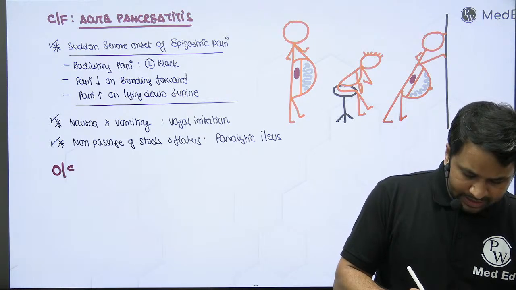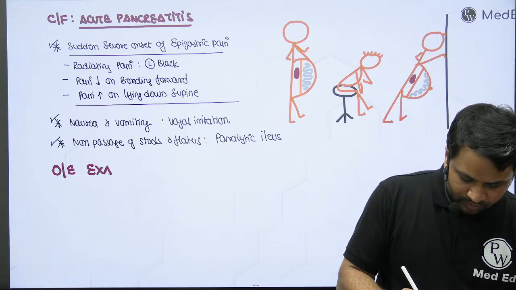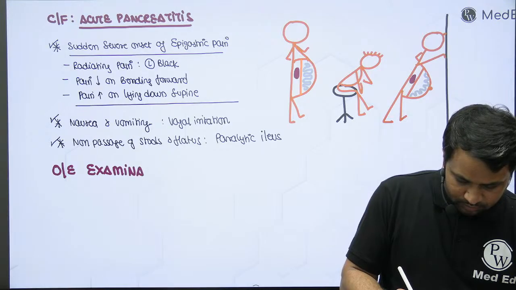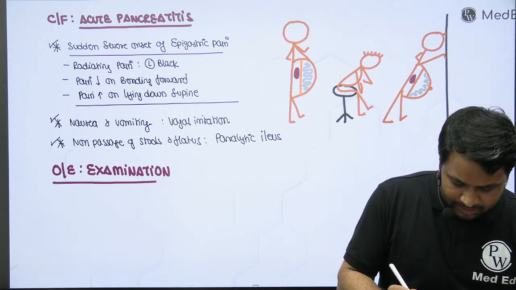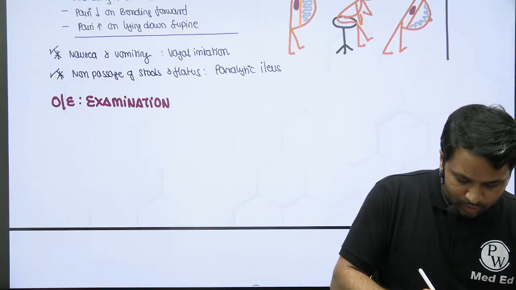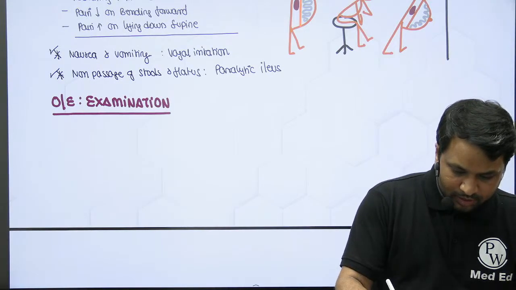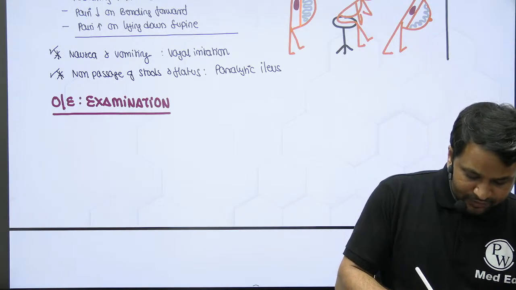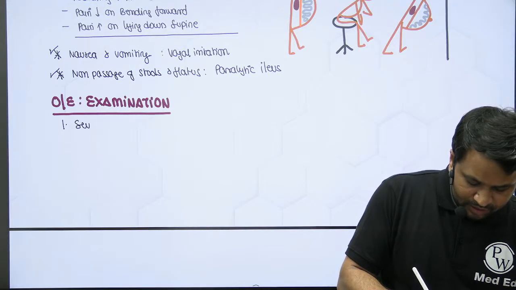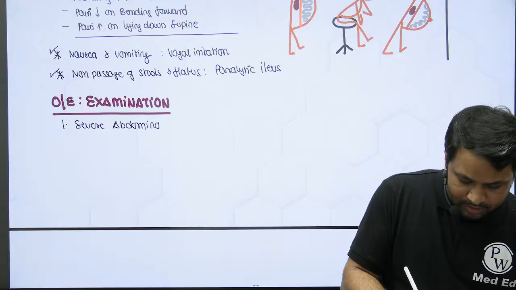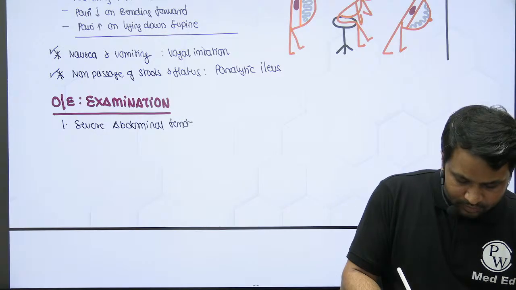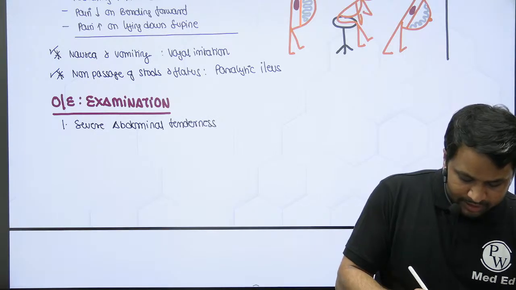Now obviously I would like to examine, so I would tend to examine. So on examination, what are the findings that you are expecting? First of all, he won't let you touch, but somehow you are able to touch. What are the findings that you'll see? The first finding, there'll be severe abdominal tenderness.